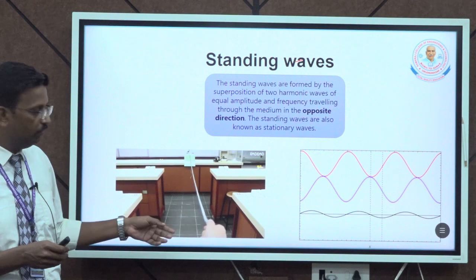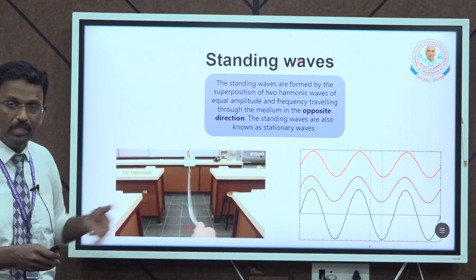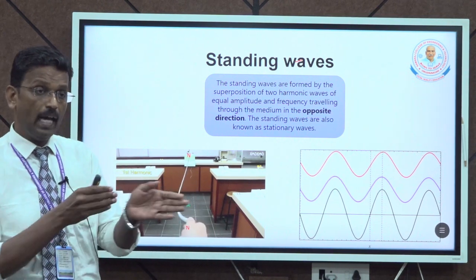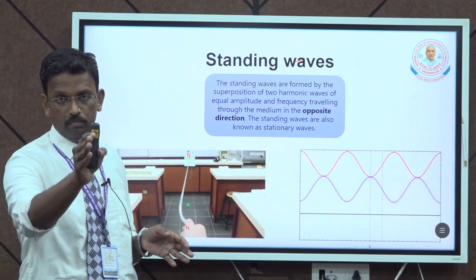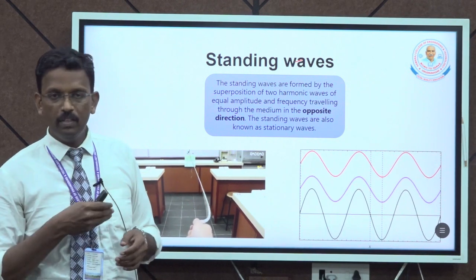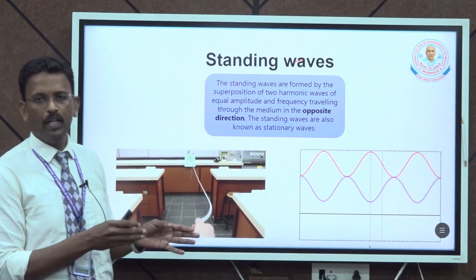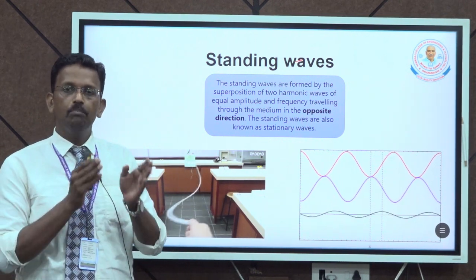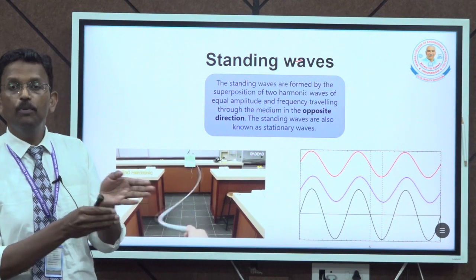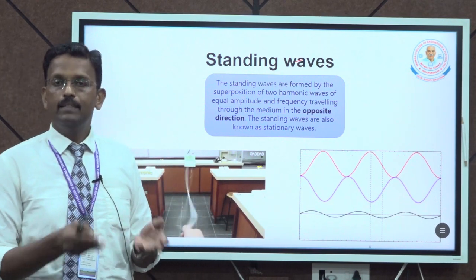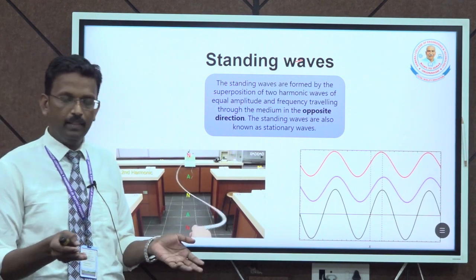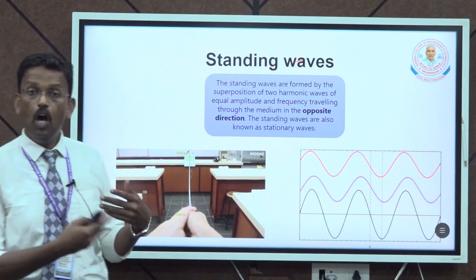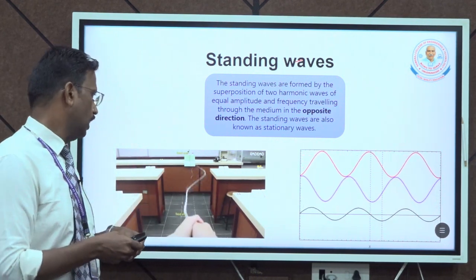When that progressive wave reaches the target, it produces a secondary wave. So in this case we have two different types of waves, one is called the progressive wave, and the other is the reflected wave. When these two harmonic waves are superimposed, we get the standing wave pattern, and both waves are travelling in opposite senses. So the simple definition of a standing wave is the superposition of two harmonic waves which are travelling in opposite directions.